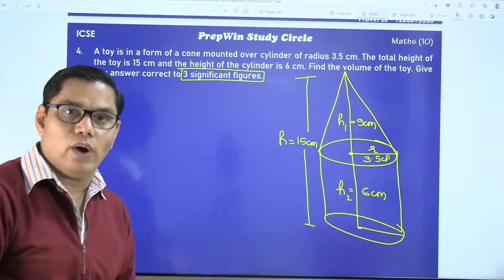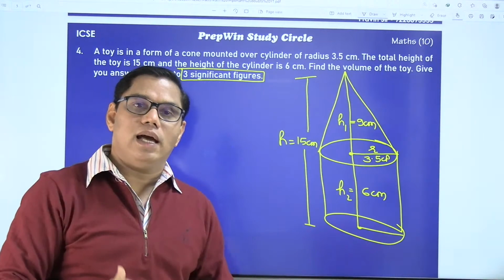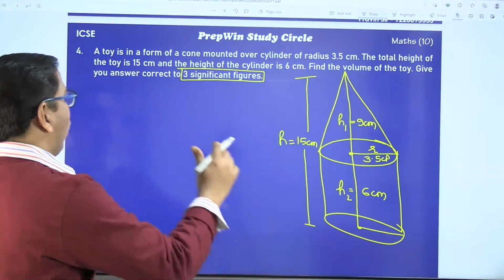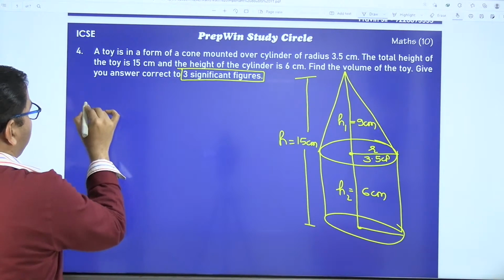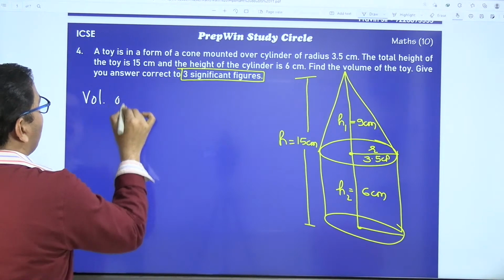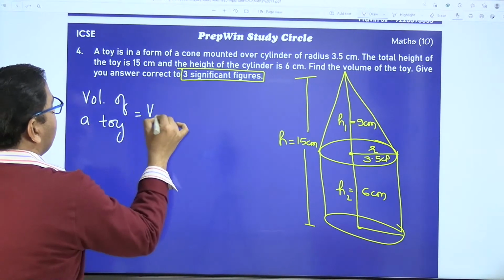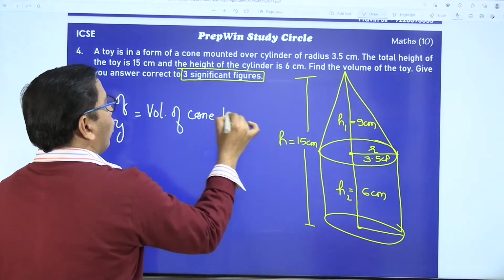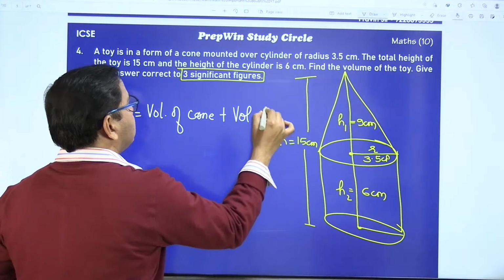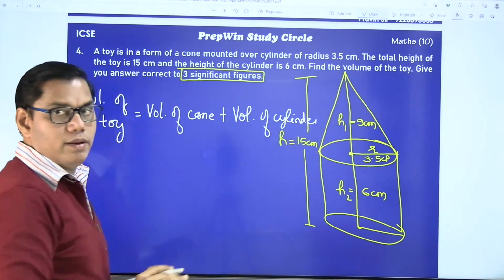Again, if you are interested in saving time, this was clearly instructed by the board, that what you can do is you have to find out the total volume of the toy. Okay, you have to find out the volume of the toy. So volume of the toy is volume of the conical part plus volume of the cylindrical part, right?